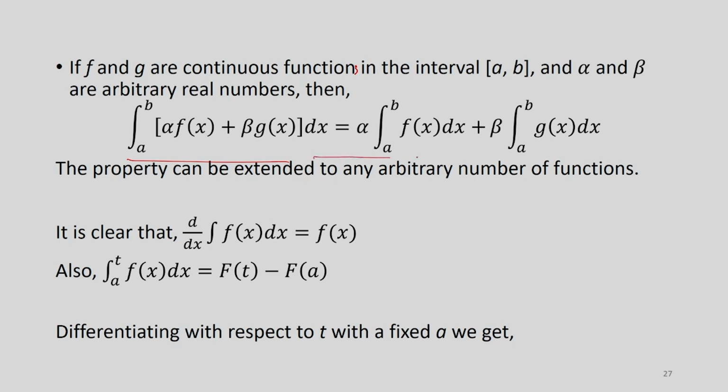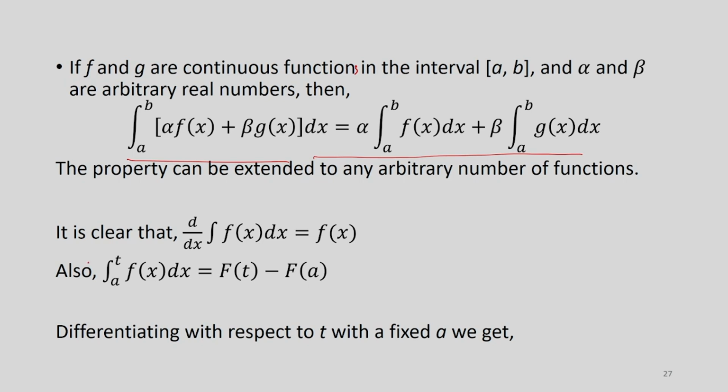Again, this is similar to the property of indefinite integral that we have seen before. The difference being, here there are limits to the integral because we are talking about definite integrals.